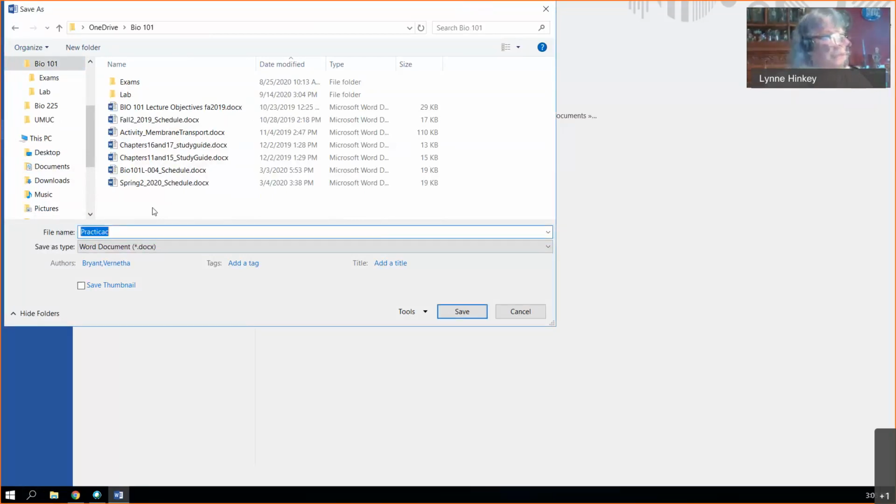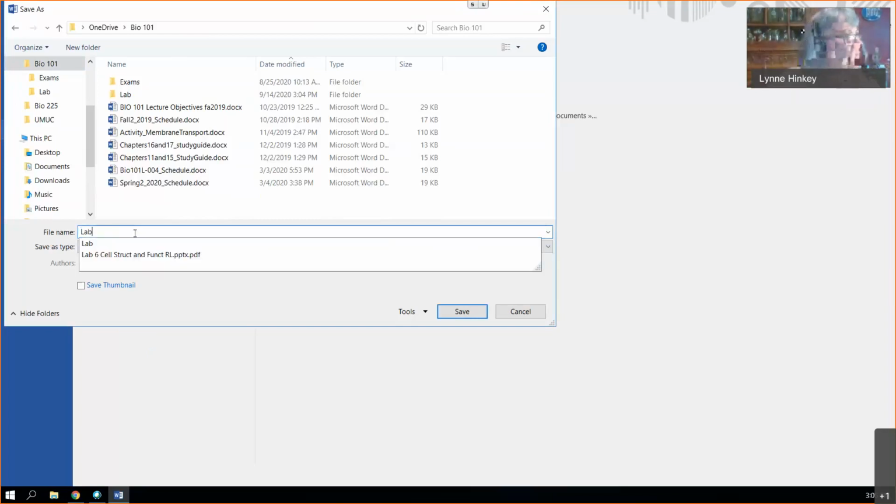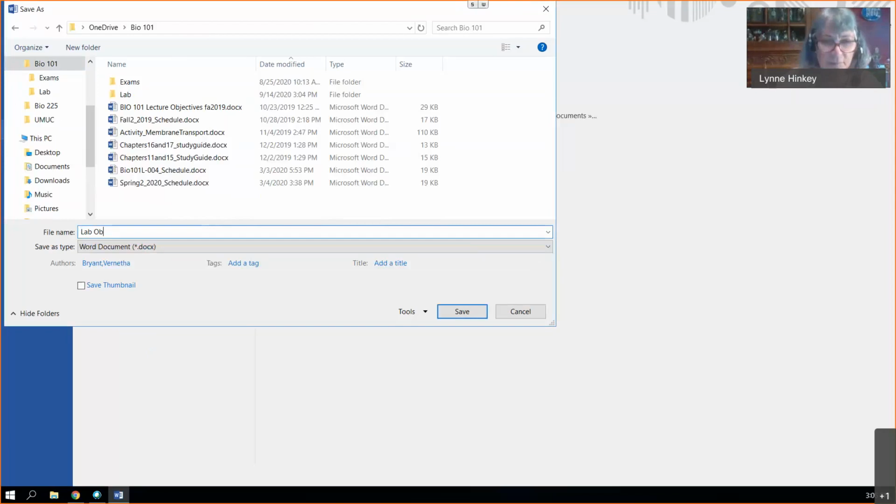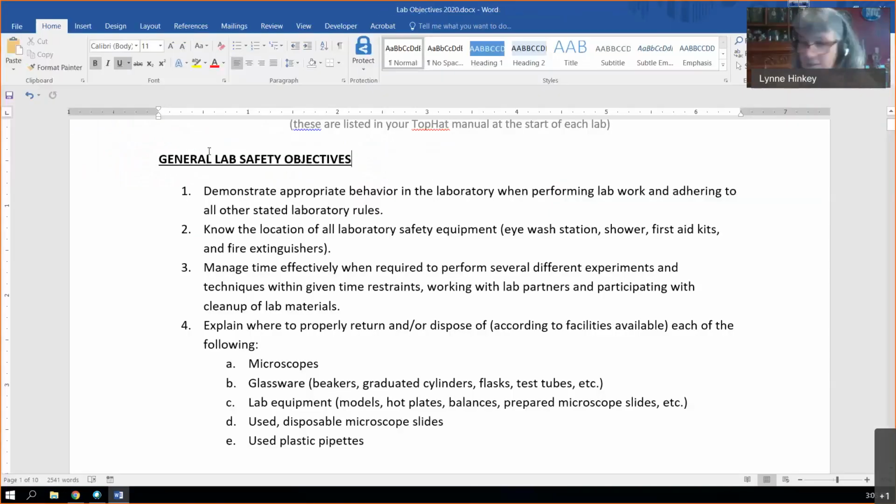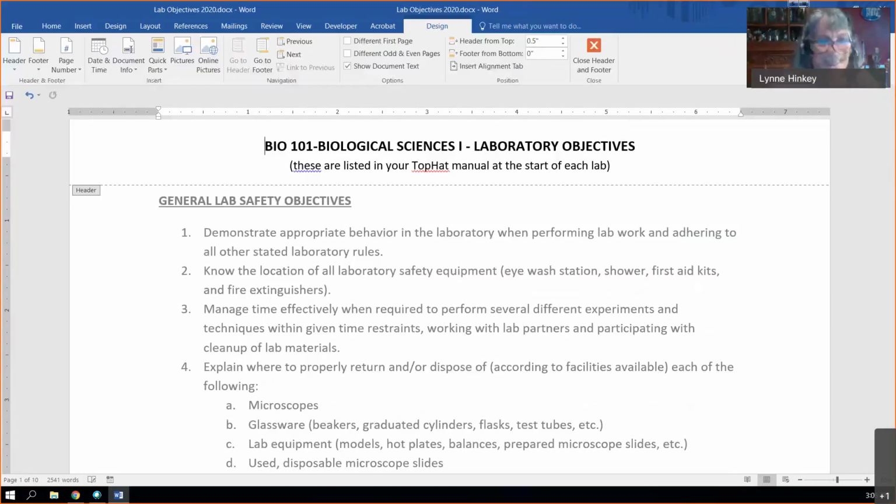And of course, my battery on my mouse just died. Right, we're going to get rid of those and put the right ones up here.